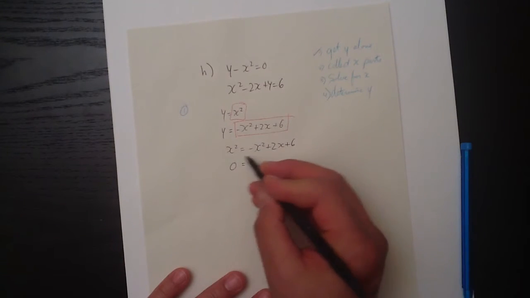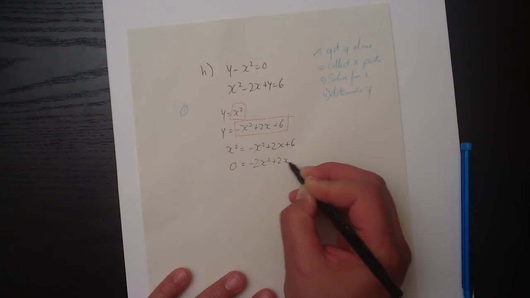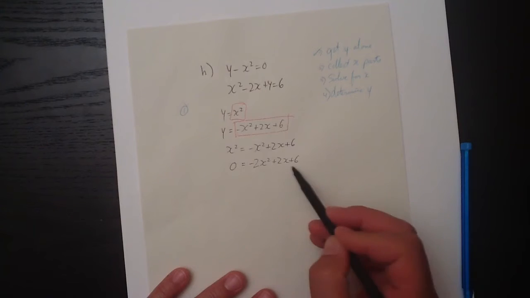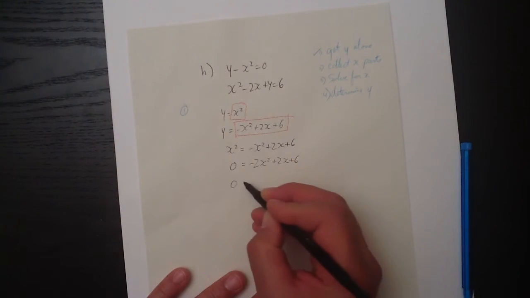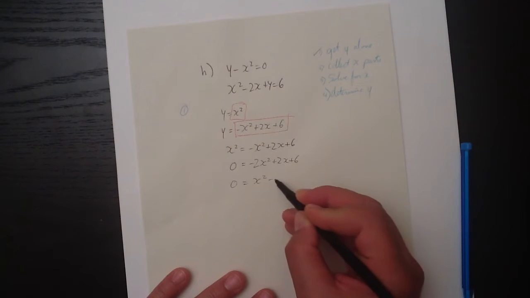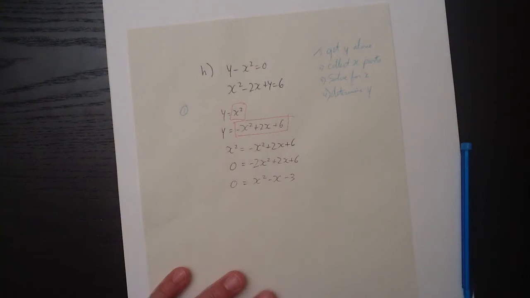We get 0 equals, subtracting X squared from both sides, minus 2X squared plus 2X plus 6. That looks complicated. Let's divide the whole thing by negative 2. So 0 equals X squared. That divided by negative 2 is negative X. That divided by negative 2 is negative 3.